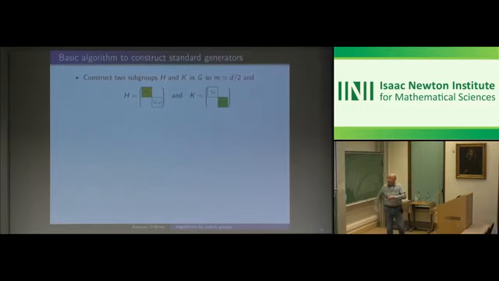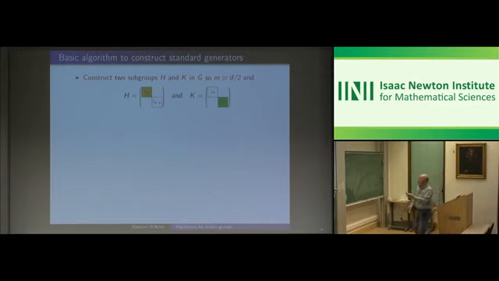Okay, so let me outline the basic algorithm for finding such standard generators within some copy of SL(d,q). I'm going to present it as if I'm given the natural copy, because it's much easier to visualize it in the natural copy, but in fact, we don't care. We really want to be able to do it with any copy of SL(d,q).